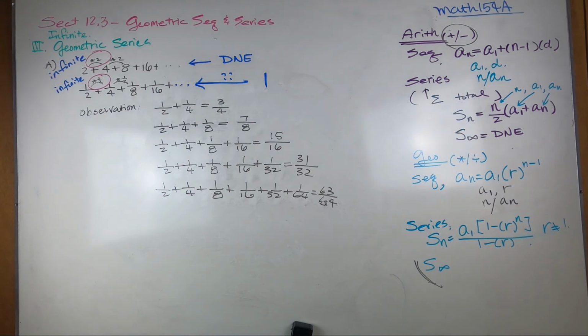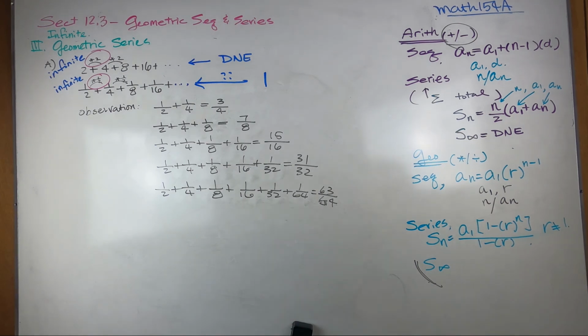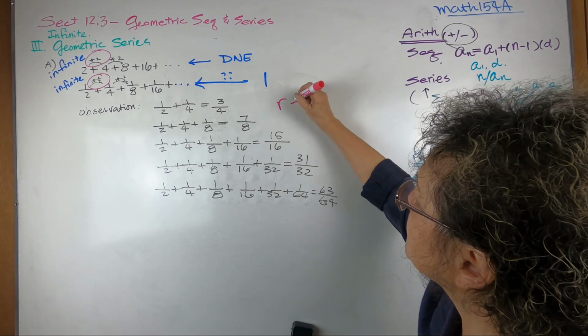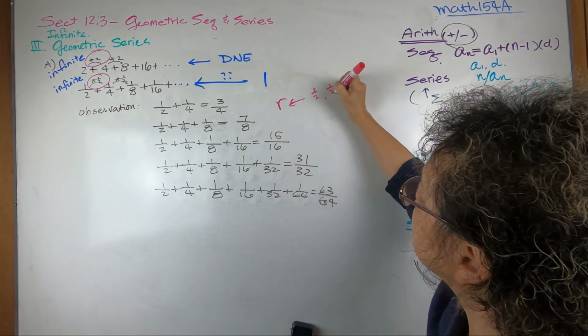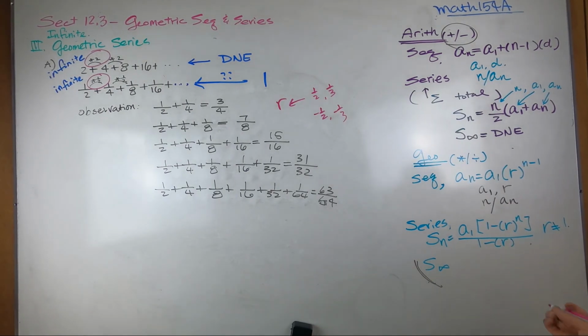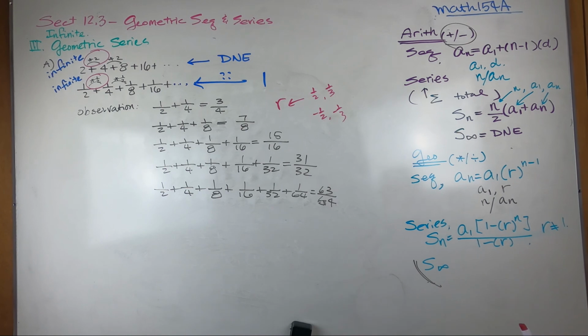However, if you multiply by a number less than 1, if r is like half or third or even negative, it's getting smaller and smaller, so the final number will approach 0, but will not be 0 though. So when you add the tiny numbers, you will not go over.